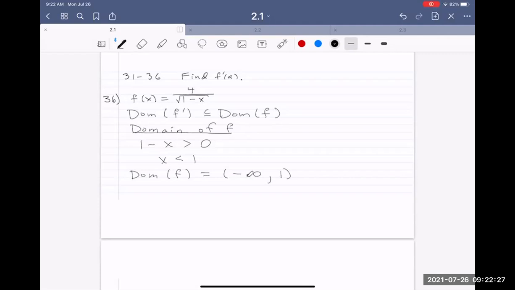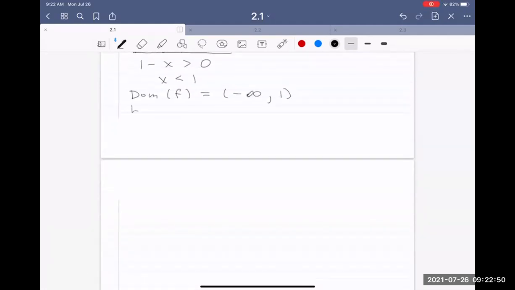So let's first look at what happens if A is in the domain of f. Okay, so let A be less than 1. Then we can actually do this.